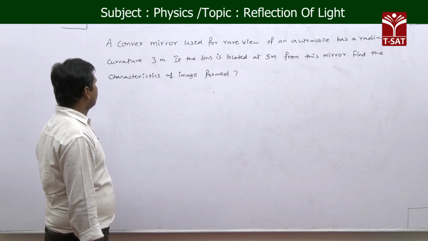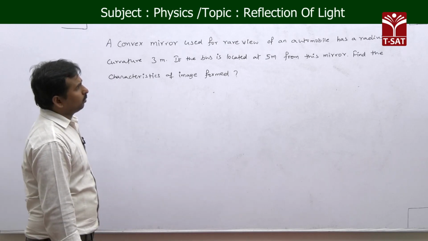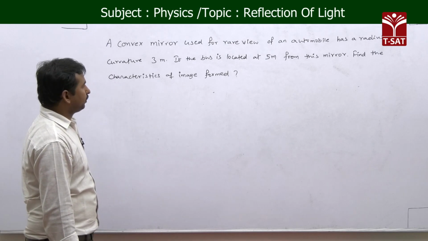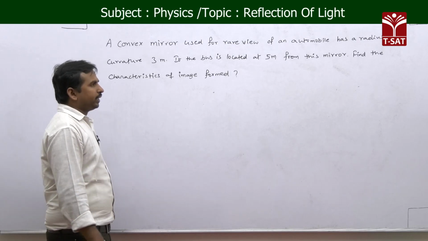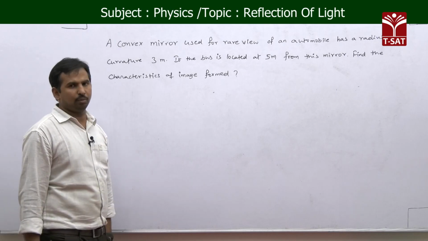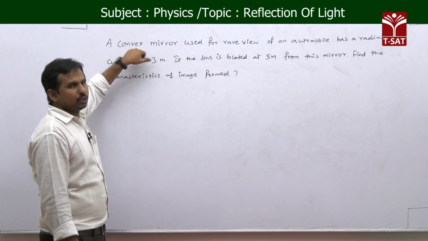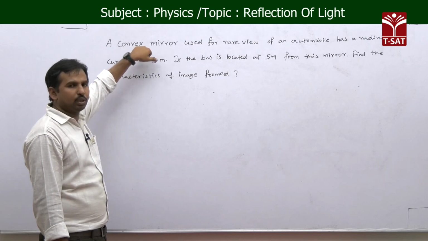Now see another problem. A convex mirror used for a rear view mirror of an automobile has radius of curvature 3 meters. If a bus is located 5 meters from this mirror, find the characteristics of the image formed. Here the rear view mirror is our convex mirror which forms a diminished, virtual and erect image.